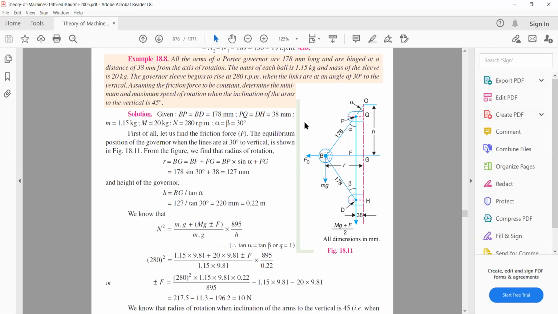The governor sleeve begins to rise at 280 rpm when the links are at an angle of 30 degrees to the vertical. Assuming the friction force to be constant, determine the minimum and maximum speed of rotation when the inclination of the arms to the vertical is 45 degrees.